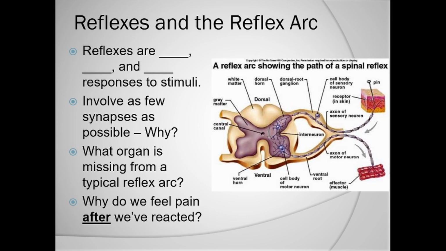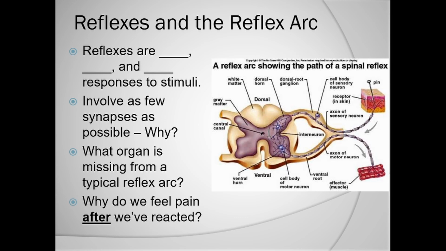Reflexes and reflex arcs involve as few synapses as possible. Now, a synapse, sorry, I didn't discuss that. A synapse is a gap between neurons. So where one neuron meets but does not touch another neuron is called a synapse. Well, they have as few as possible. Why? Think about it like if you're driving a car on the road, you come to a red light, and then you go, and then you come to another intersection where there's a red light, and then you can go.